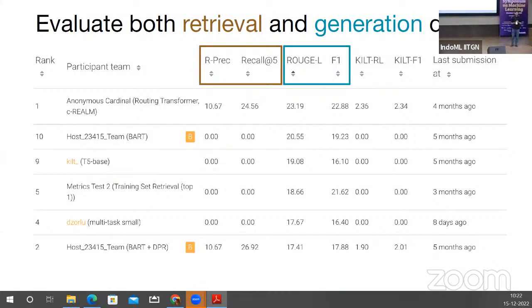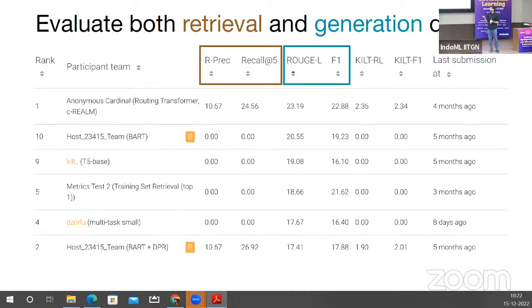Because this task involves both retrieval as well as generation, the evaluations for the task have a mixture of both. So we evaluate the retrieval model. How often does it retrieve articles that are relevant to the question or contain the answer? And also we evaluate the generation aspect.